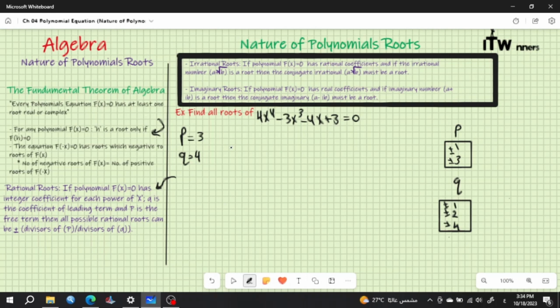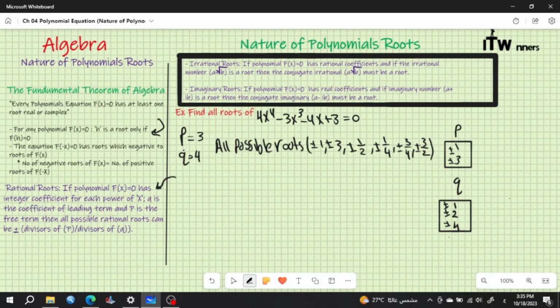Then all possible roots are plus or minus 1, plus or minus 3, plus or minus 1 half, plus or minus 1 quarter, plus or minus 3 by 4, plus or minus 3 by 2.